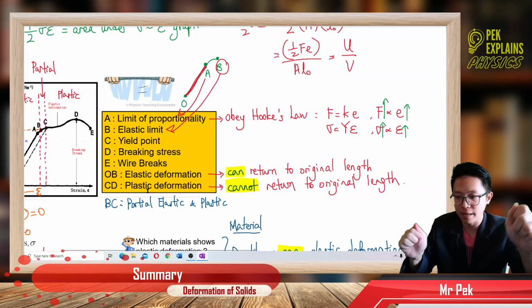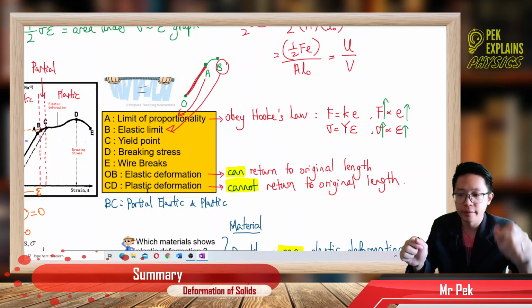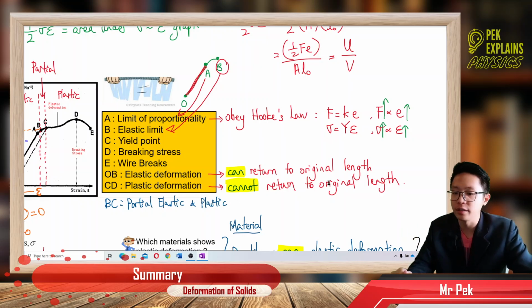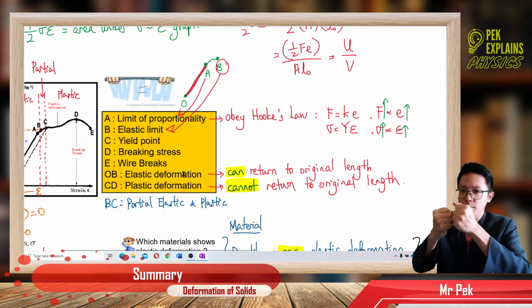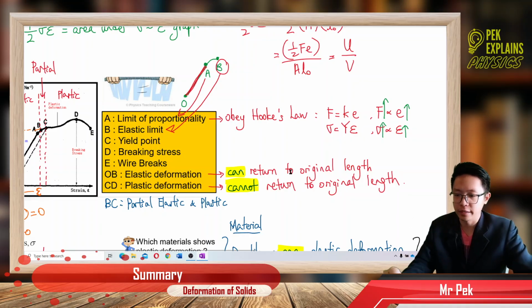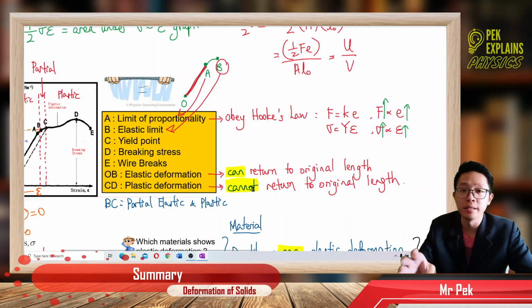When you pull the plastic bag, it will elongate and cannot return to its original length. That's called plastic deformation. So elastic deformation is when you pull and release and it can return to its original length. Plastic deformation is when you pull and release, it shows permanent extension and cannot return to its original shape or length.